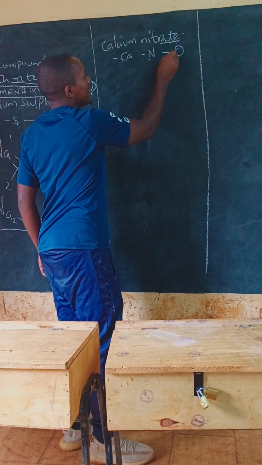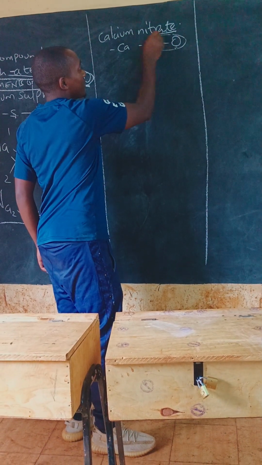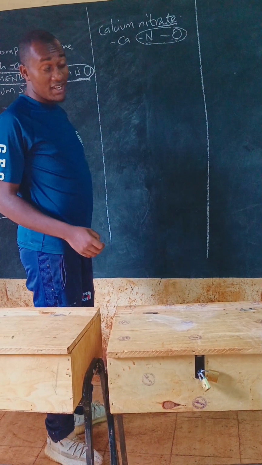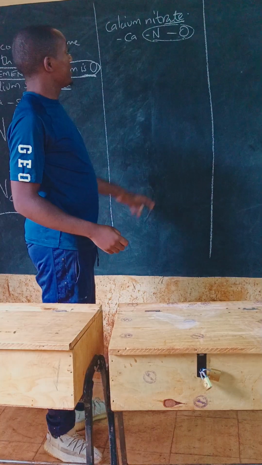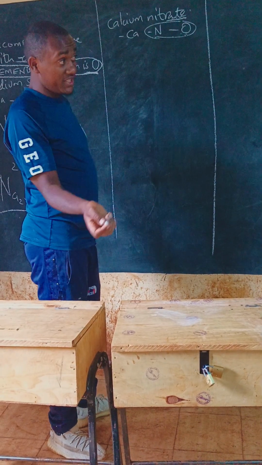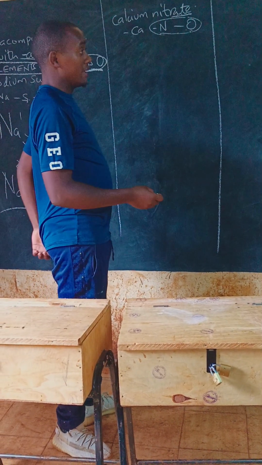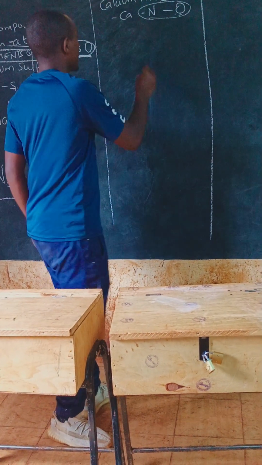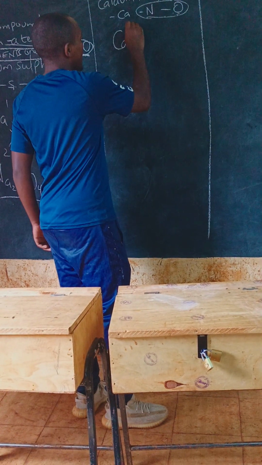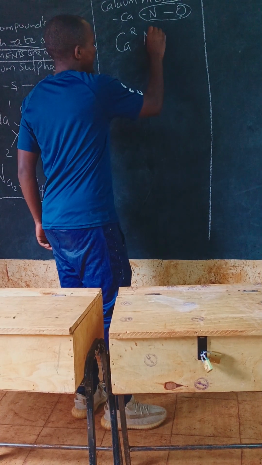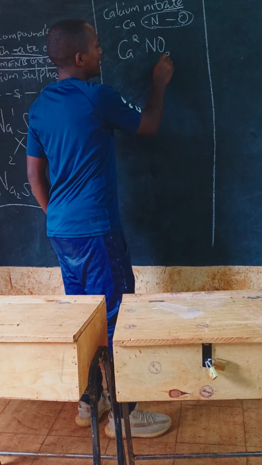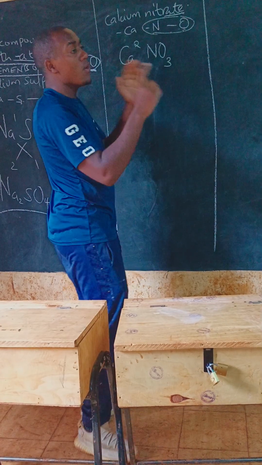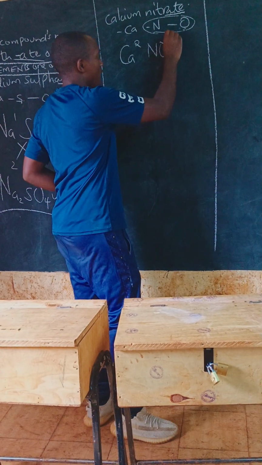Nitrogen and oxygen form a radical, nitrate, a group of atoms that react as a unit with a net charge. Nitrate we know from the radicals; I taught you the valencies. Nitrate is NO3 valency 1. So calcium nitrate is written as calcium valency 2, and nitrate NO3, which is the most important thing that you should know, valency 1.